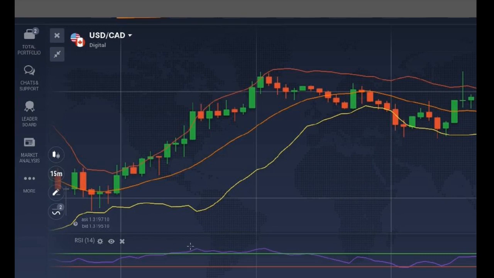You can see this level is not higher than this level. So the higher high on the candlestick chart is not producing a higher high on the RSI chart, so the divergence is confirmed.